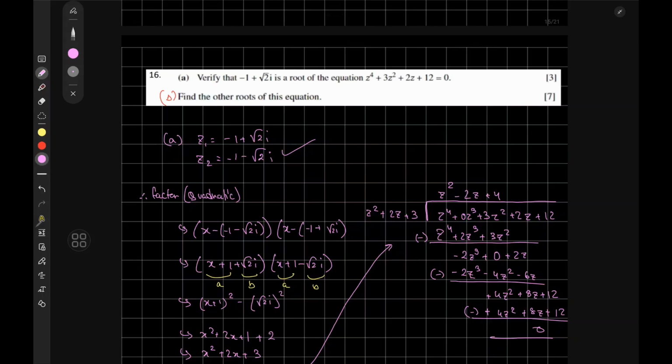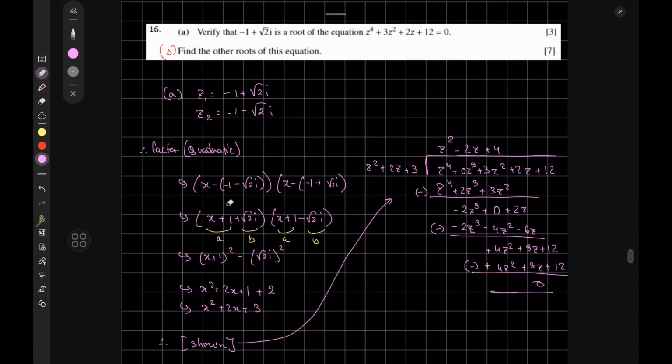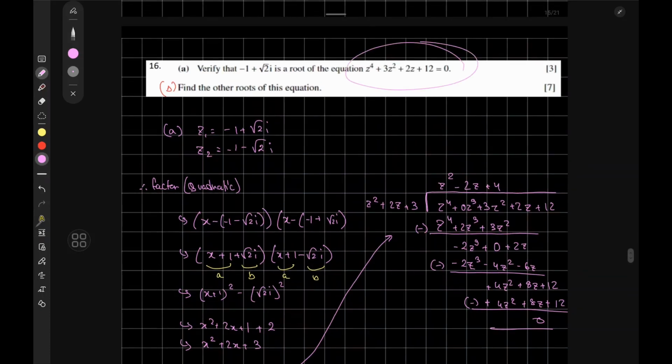So if you know both of these roots, you should also know the factors, which is x minus the root and x minus another root, and if you multiply both of these you get a quadratic equation. This quadratic equation is a quadratic factor of the entire equation.